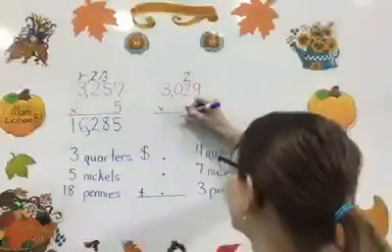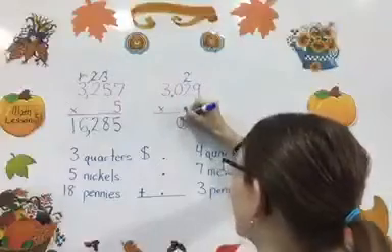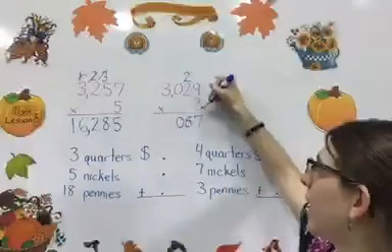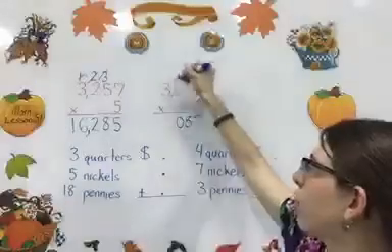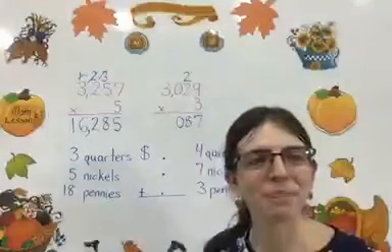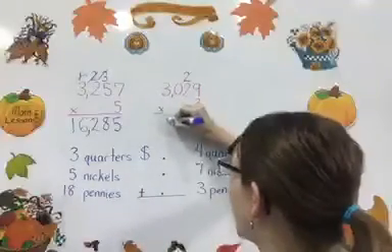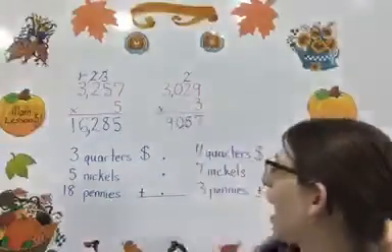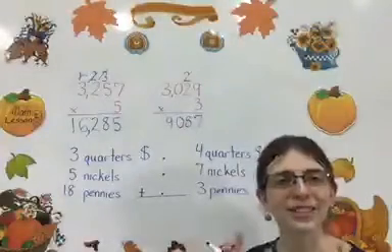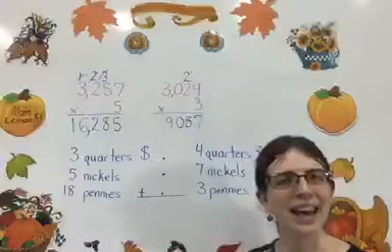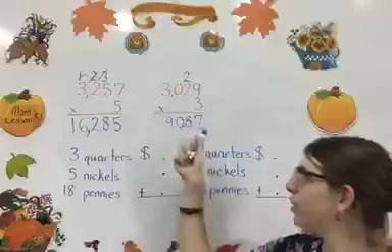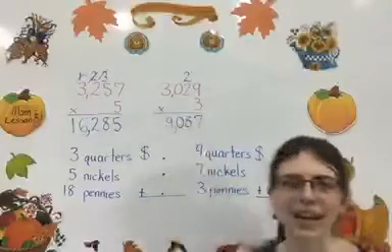That's right. Nothing to carry, so now I just keep multiplying. 3 times 3 is what? 9. Very good. So I put my 9 next. Now I have nothing more to multiply, so all I need to do is add my comma and I'll be done. 1, 2, 3, comma.